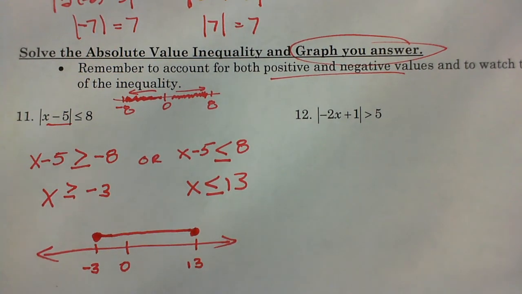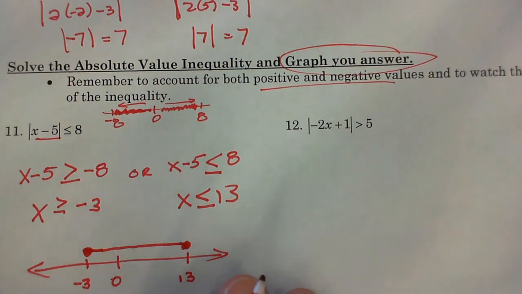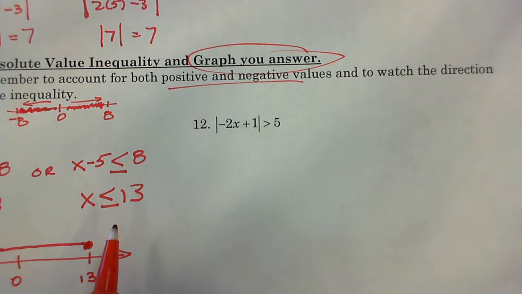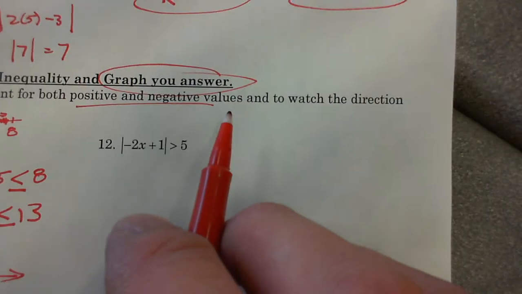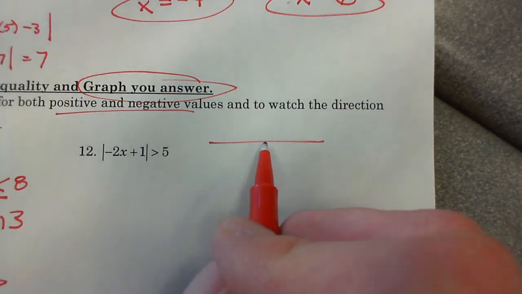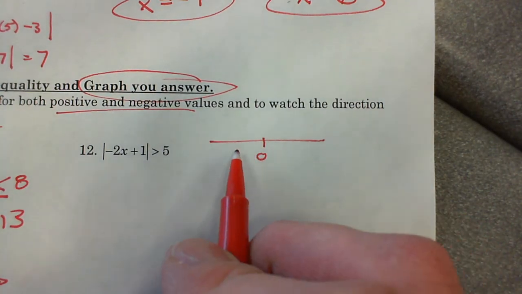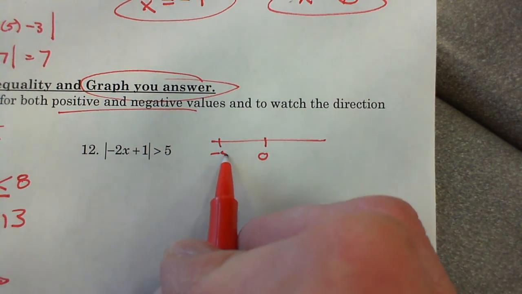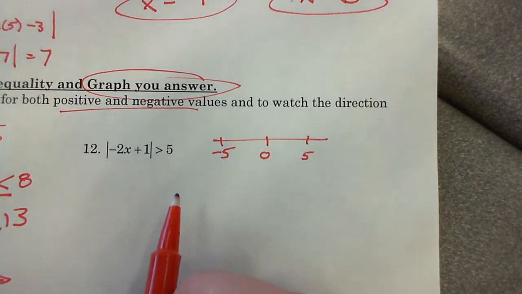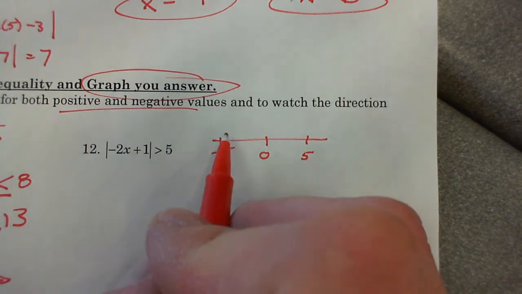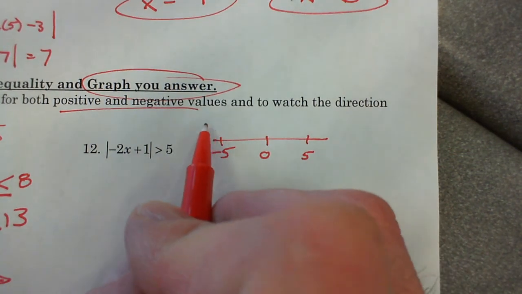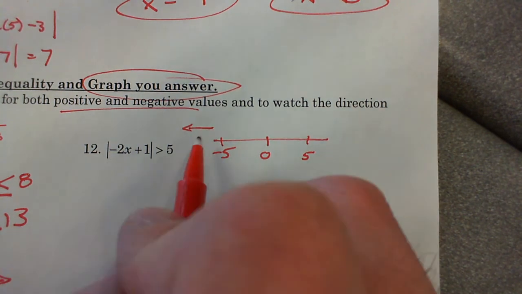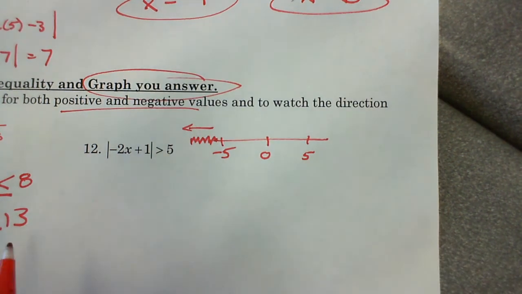Okay. So let's look at one more. Let's look at 12. Here we have an absolute value that's greater than 5 away from 0. So if we looked at what that was initially, well, we know 5 steps away from 0 would get you to -5 and 5, but we're greater than 5 away, which means when you come over here, we want to get further and further away from 0, which means we're going to need to be over here.